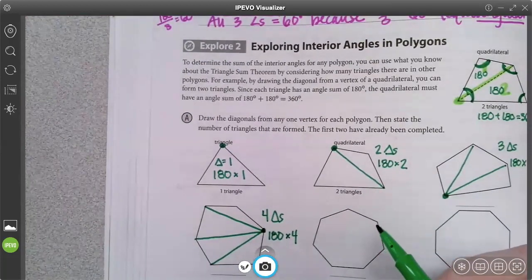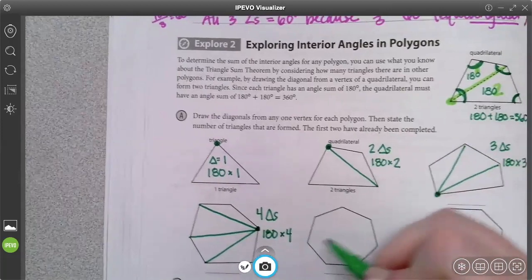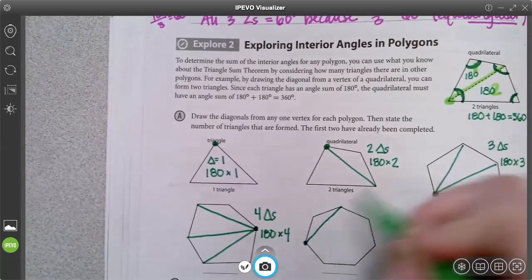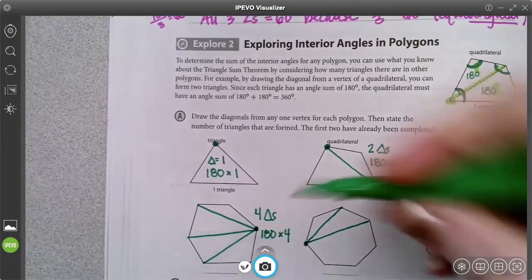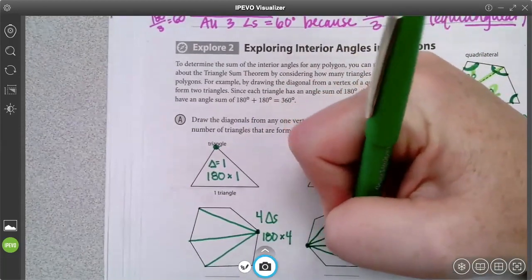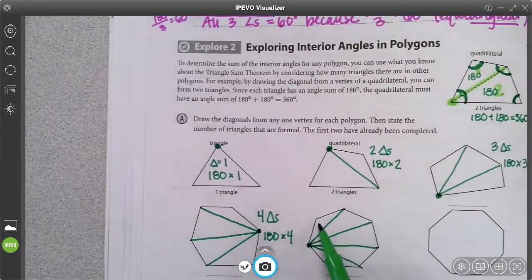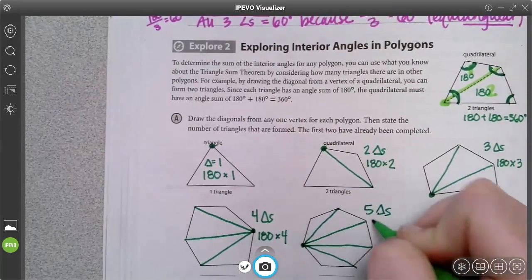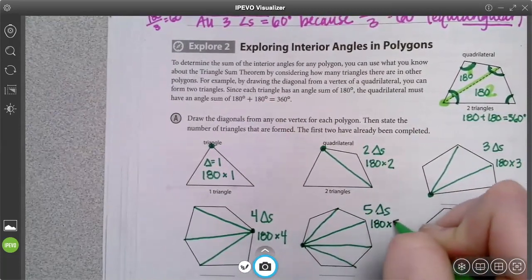Then we have a heptagon, 7 sides. Pick a corner, connected already, needs a line, needs a line, needs a line, needs a line. So we have 1, 2, 3, 4, 5 triangles, and our number of degrees would be 180 times 5.